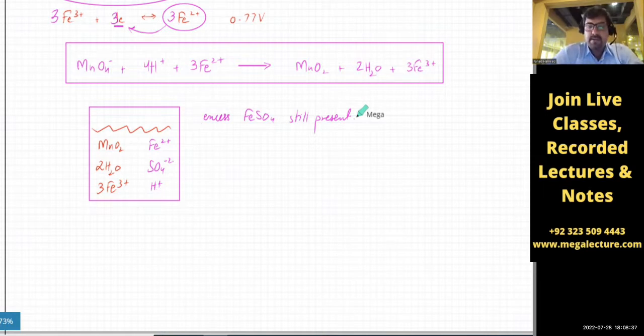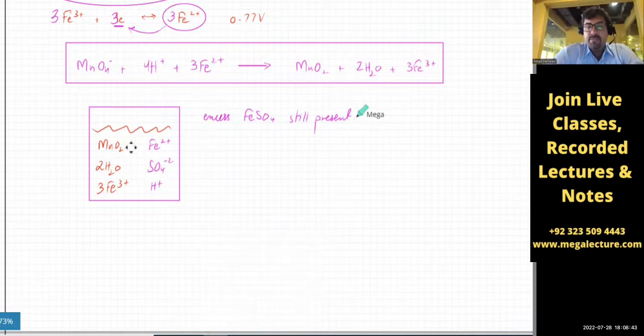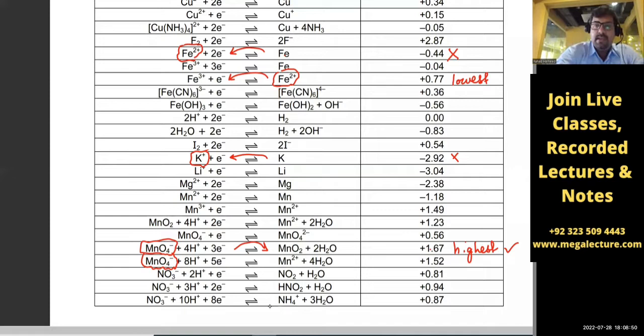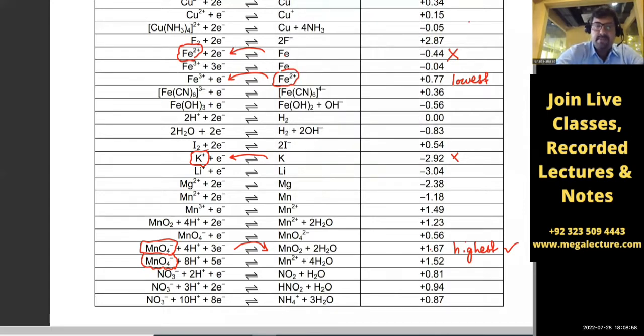Okay, so I'm going to open the data booklet once more, and this time I've got MnO2. I'm trying to figure out whether there's going to be a subsequent reaction. So I'm going to do the working for that now. Since I no longer have MnO4 minus 1, I'm going to remove these equations for MnO4 minus 1. The SO4 is still there, the potassium is there, the Fe2 plus is there, but now I've got Fe3 plus as well.